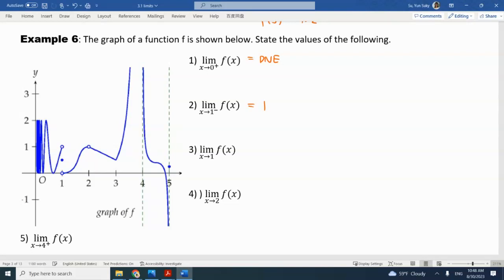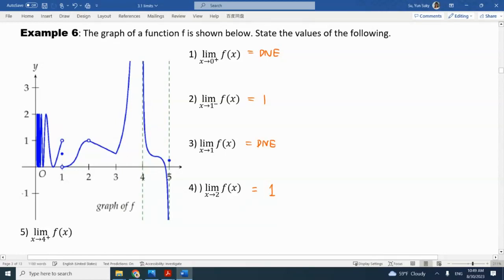Right, everybody? So the limit at 1 does not exist. Okay, Will, what's the limit x goes to 2? 1. Yes. Right, everybody? Because both sides match. Both equal to 1, so the limit is 1. All right.